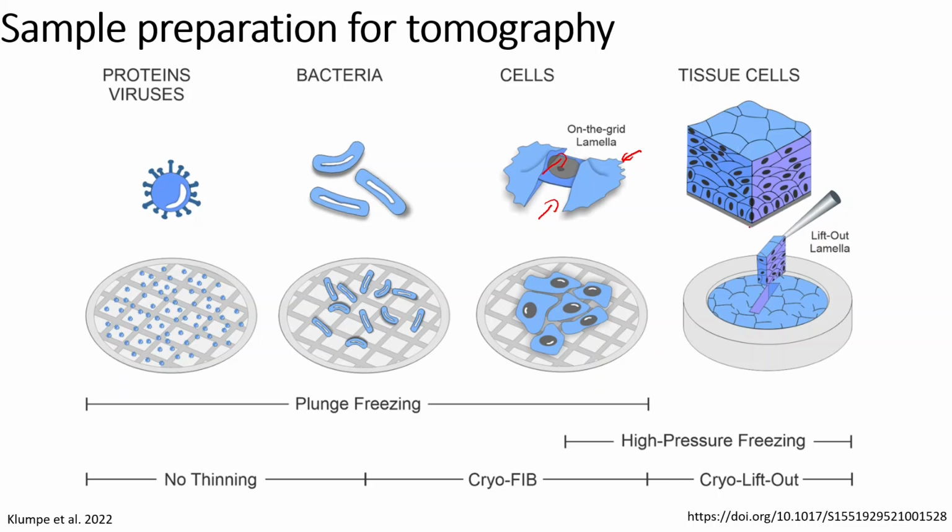And for even thicker samples, like tissues, we can high pressure freeze these tissues, and then either make lamellas out of them, or we can mill out a piece of this tissue and lift it out in the SEM, placing it into special grids. This is a kind of state-of-the-art processing of cell tissues for cryo-electron tomography.